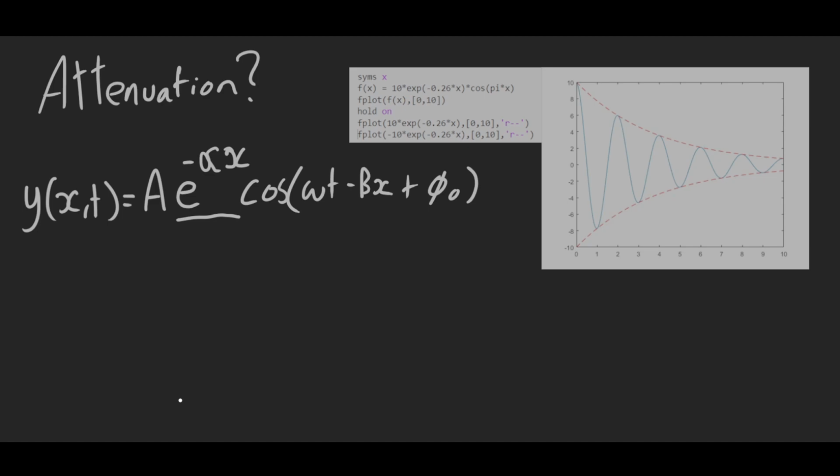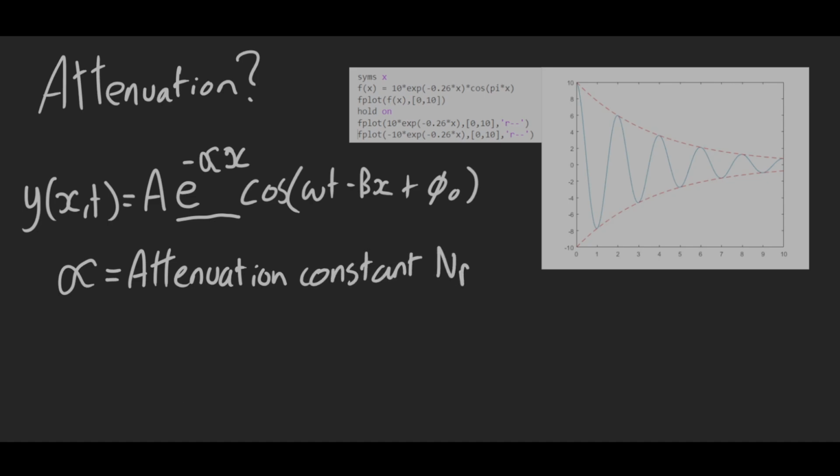And alpha is the attenuation constant. And the unit for this is nepers per meter, or Np, just to save some time there with the handwriting. And yeah, that's just the main change.